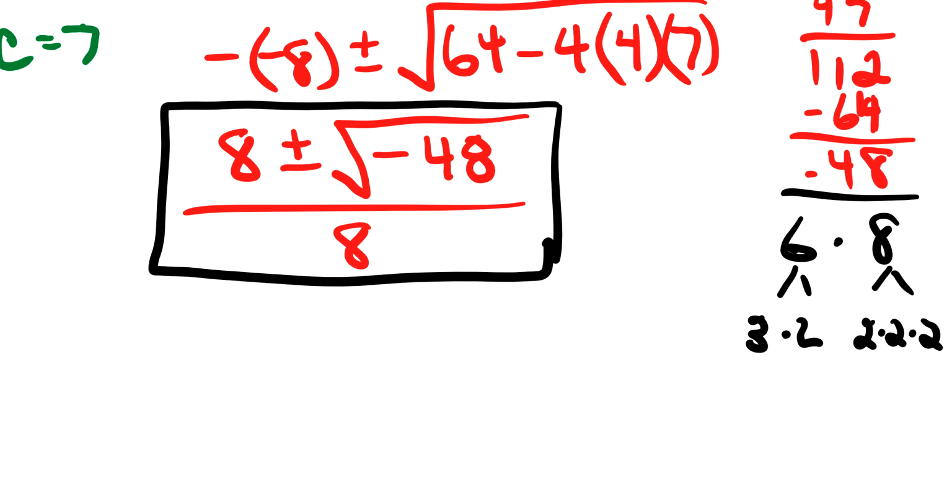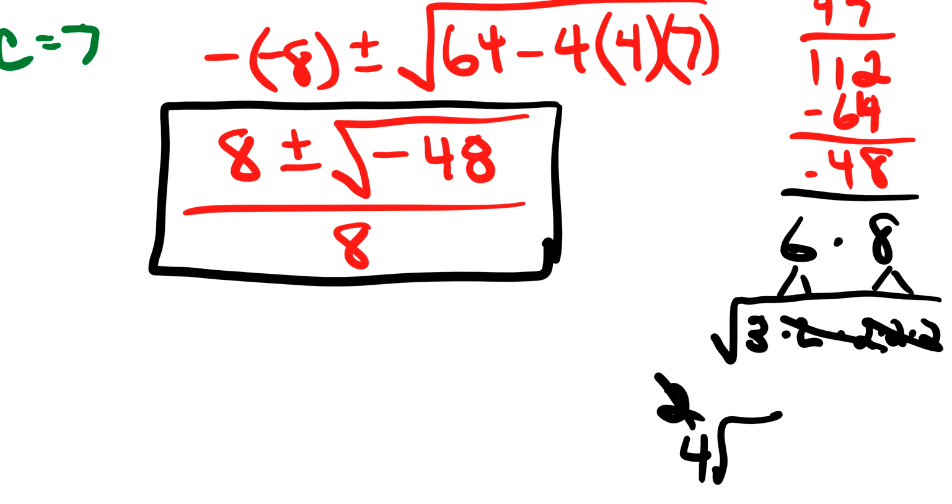All right, we're taking the square root here. So I'm taking the square root of 3 times 2 times 2 times 2 times 2. All right, for every pair of 2s you take out 1, so a 2 comes out. Here's 2 more, so that 2 becomes a 4. And what's left is 3. 16 times 3 when I check that.